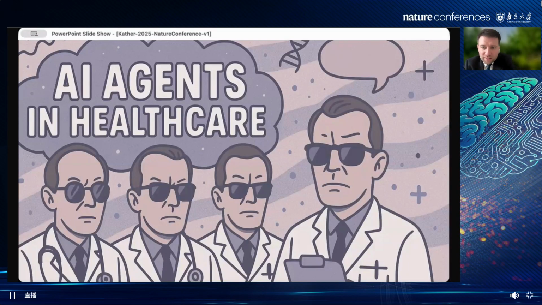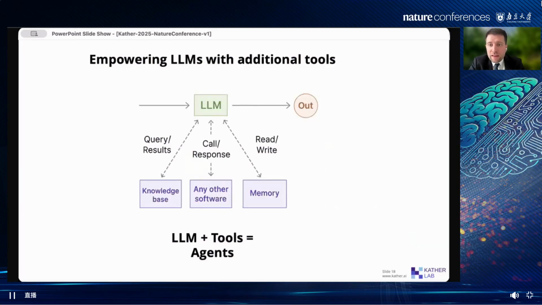But I think the most interesting part about large language models is that they enable us to have agents, right? So you have a large language model that can control other software and can interact with it, and we call these other software types tools. And then, if you have a large language model that has access to other tools, what you have is an agent that can fulfill a high-level request by requesting the help of specific tools.